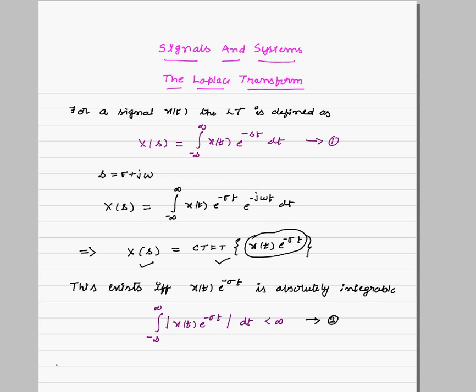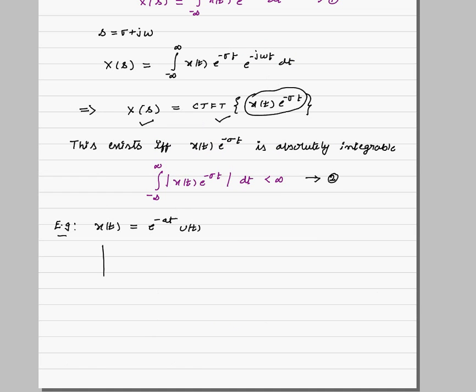We will take an example. Let us try to find the Laplace transform of the signal x of t equal to e power minus at u of t. How does the plot of this signal look? It looks something like this, where the equation of the curve is e power minus at.